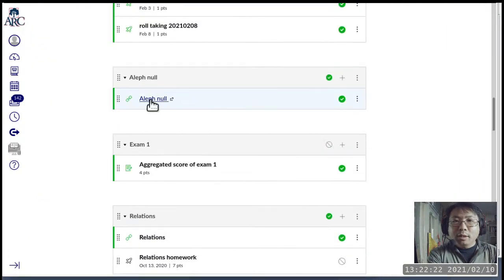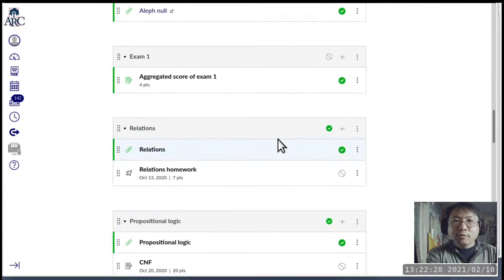So we are now done with Aleph Null, and I'm not sure whether it's time for exam one yet. I think we're not going to do exam one just yet. Exam one is going to be in week 6. We are probably in week 4-ish. So we have 2 more weeks to go.